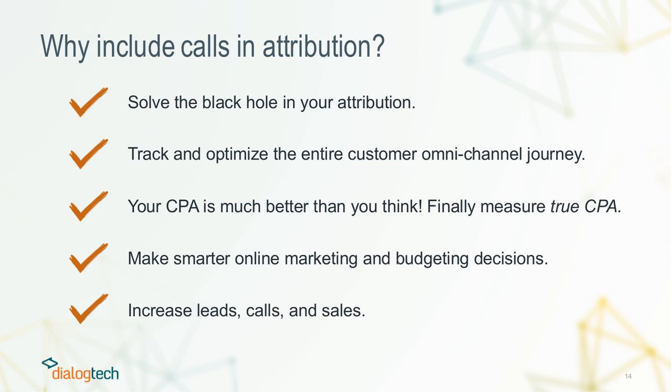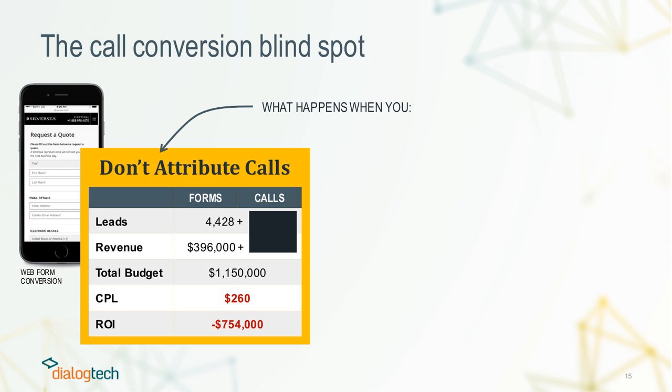So I'm going to dive really quick into an example of what this call conversion blind spot really looks like for a marketer. This blind spot could actually mean that you're not getting credit and intelligence for up to 50% or more of your conversions. So in this example, what happens when you don't attribute calls?